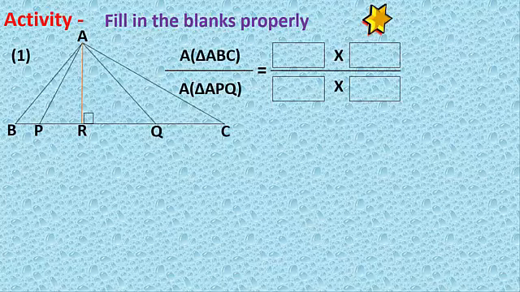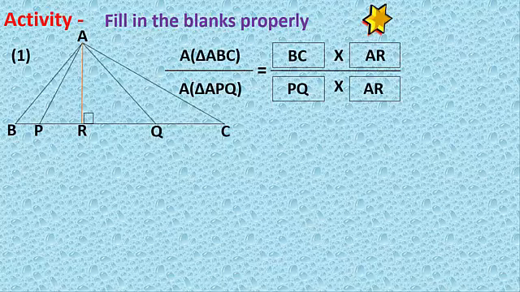For triangle ABC, what is the base? BC is the base. And what we get, height AR is the height. For triangle APQ, which is the base? That is base PQ. And which is the height?